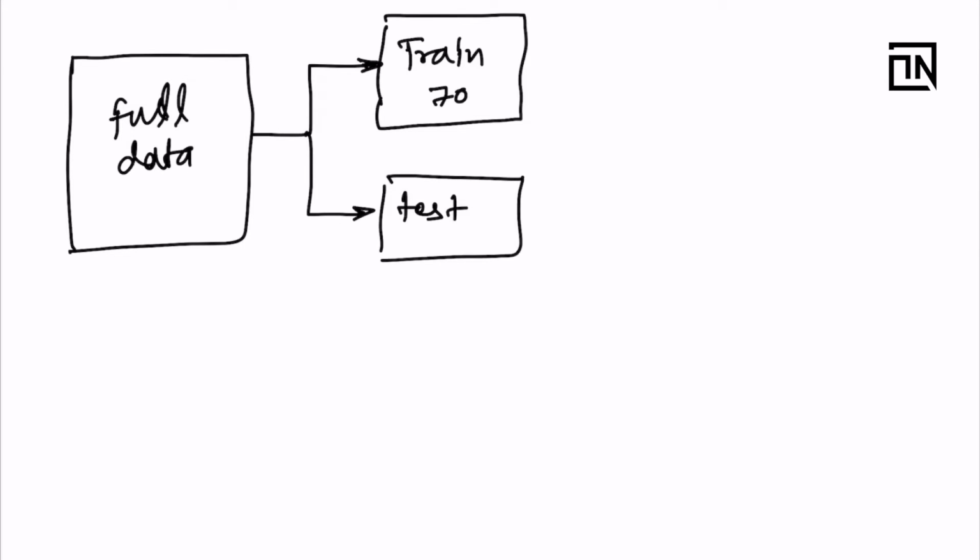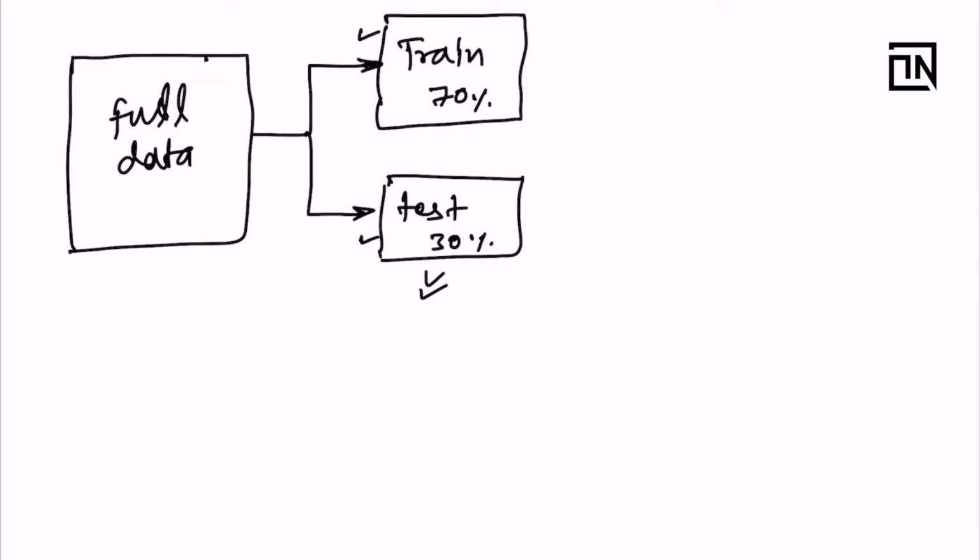Let's say a common split is 70% training and 30% testing. You can do 80% and 20% also. It's all about sampling theory. So you randomly sample the data. Some of the rows you keep in training, some of the rows you keep in testing. And why do we do this? We do this to check whether our model is able to understand the data patterns in the training data or not. Okay, we test it using the testing data.